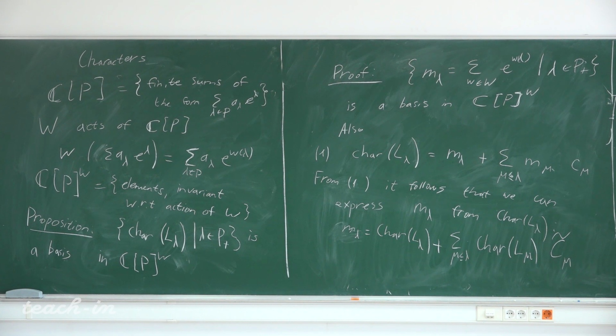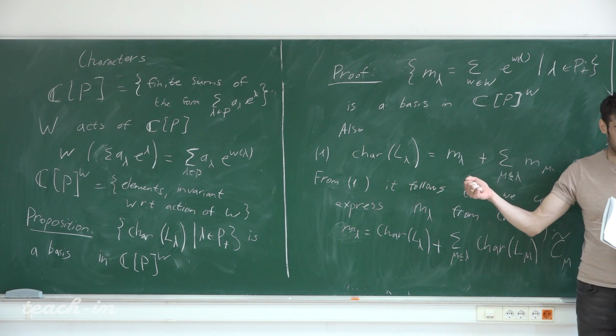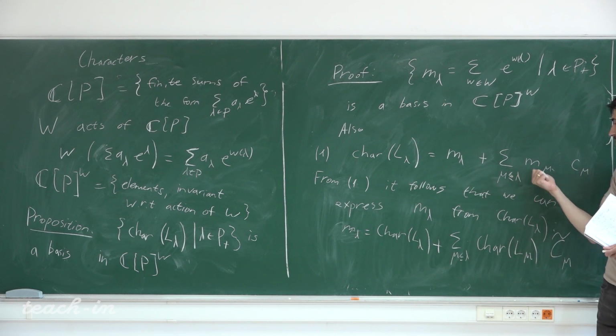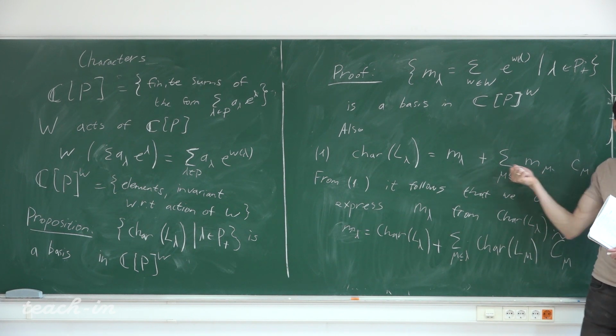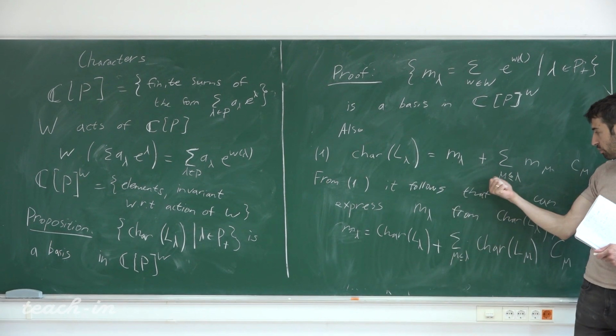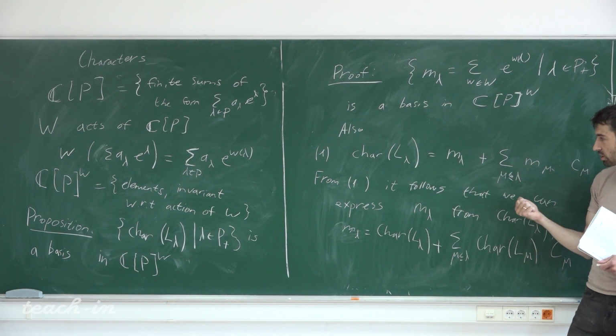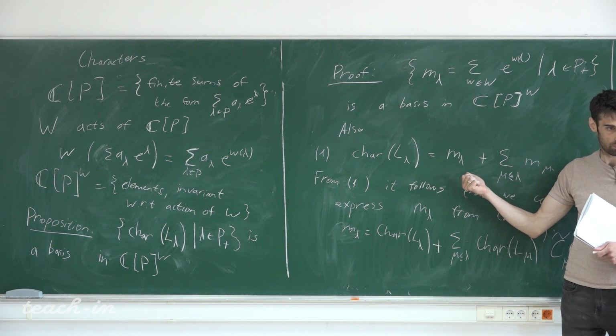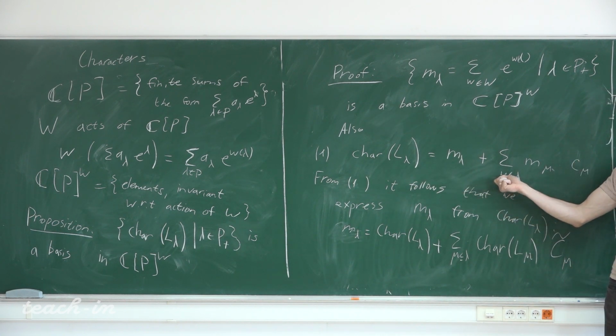Okay, it's almost an obvious statement if you think about it. So you just need to say the following. Suppose you fix some lambda, right? Suppose that you can express all m mu in terms of characters of L lambda like this for all mu less than lambda. Then you can express it for lambda as well just using 1, right?